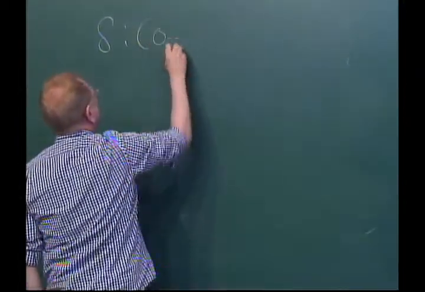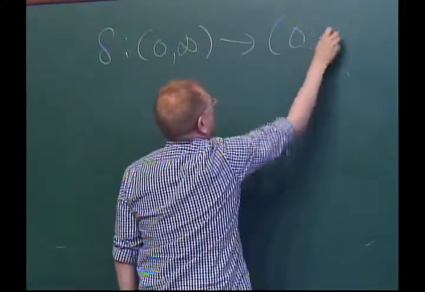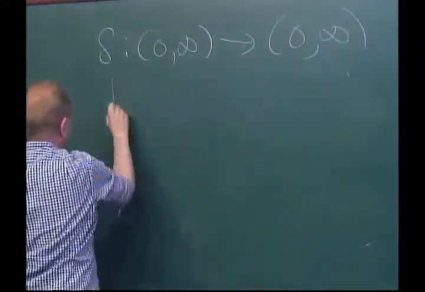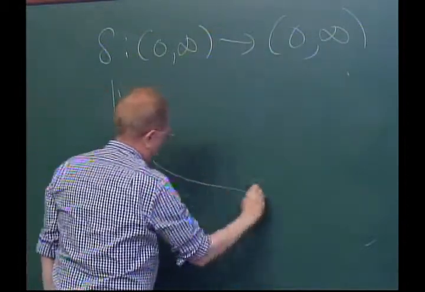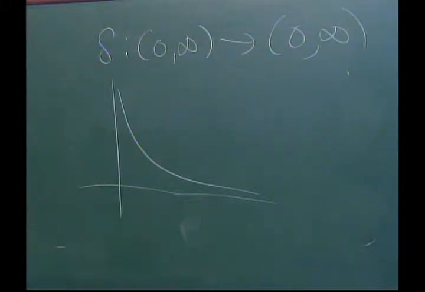It goes from 0 to infinity to 0 to infinity, and presumably it's a decreasing function, decreasing to 0. Maybe I didn't think about it recently, but I have a feeling it probably goes to 0. But there exists this nice function delta, such that, think of the variable being r.